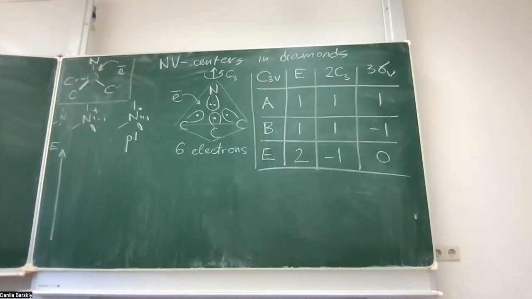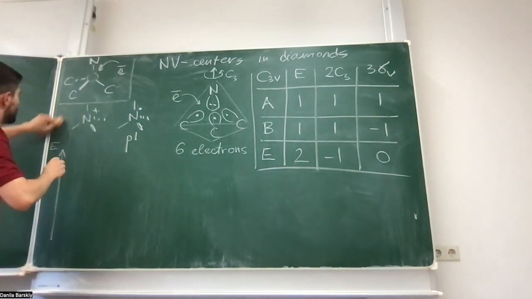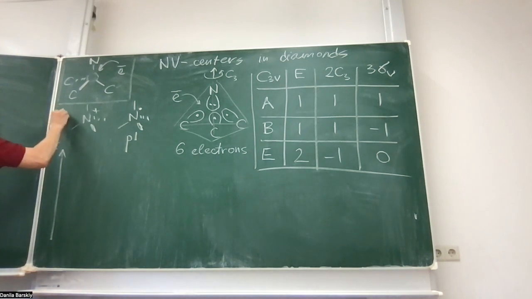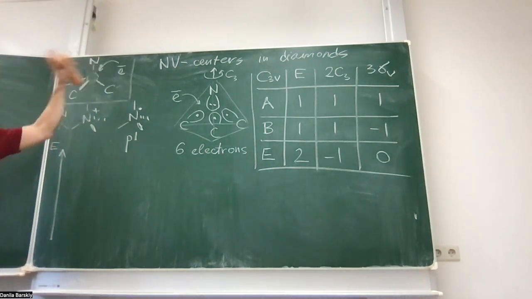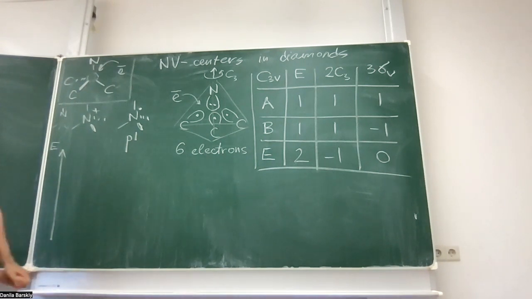Nitrogen vacancy, but no charge. So that's what I mean. Apart from NV minus, you have all sorts of other vacancies in diamond. We only consider NV minus today. It's very interesting for reasons which may become clear later.